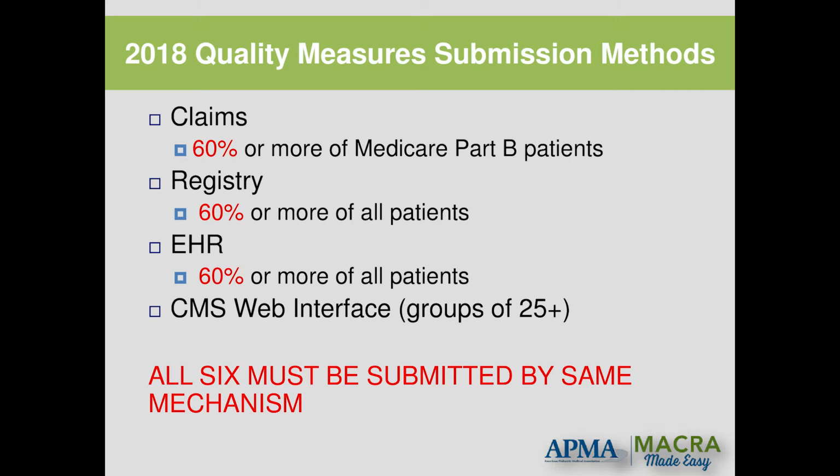Because over the course of the year, you only need to report on 60% or more of your people that qualify for your measures. Here is where the one exception that we mentioned comes into play as far as reporting on all of your patients. Clinical practice improvement activities, every patient no matter what. Advancing care information, the EHR one, all of your patients no matter what.